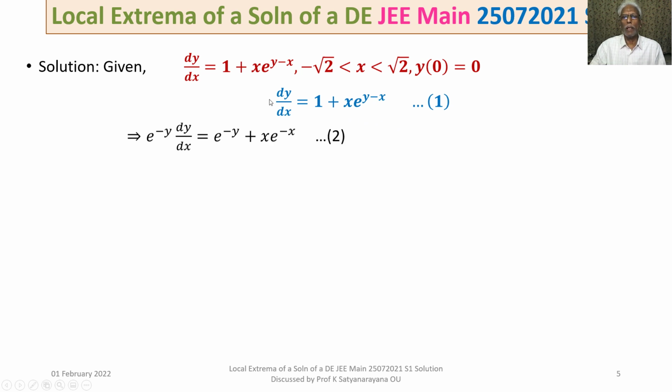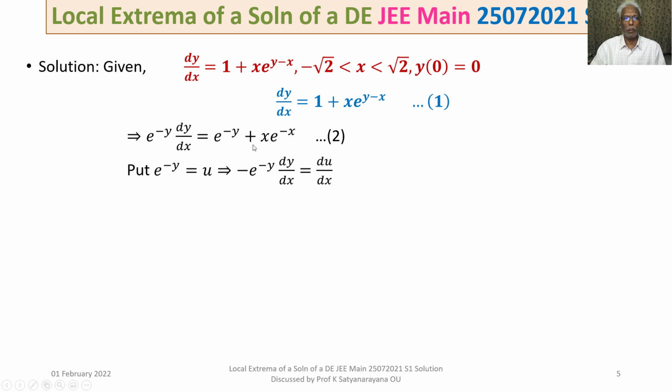Multiply throughout by e^(-y). Then we will get e^(-y) dy/dx = e^(-y) + x e^(-x). Call this equation 2 and put e^(-y) as u. Then differentiating, we will get -e^(-y) dy/dx = du/dx.